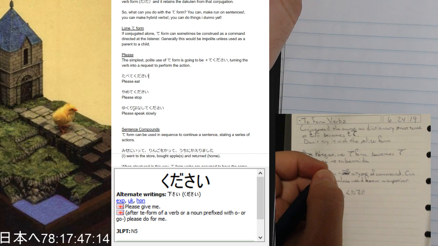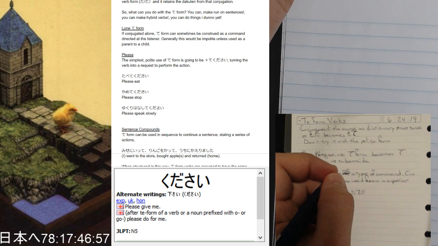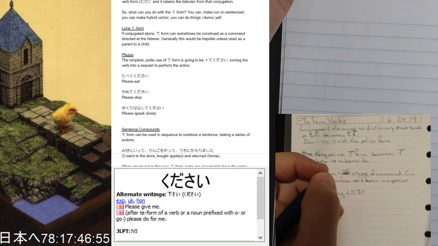Tabete kudasai. Tabete kudasai. Yamete kudasai. Yukuri... Yukuri hanashite kudasai. Is yukuri slowly? Yes. Is that an adverb?